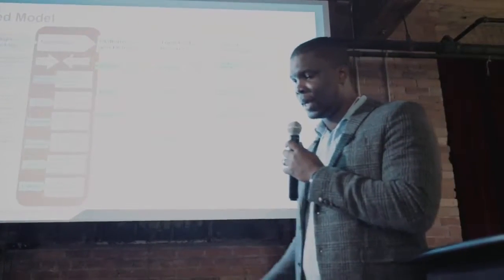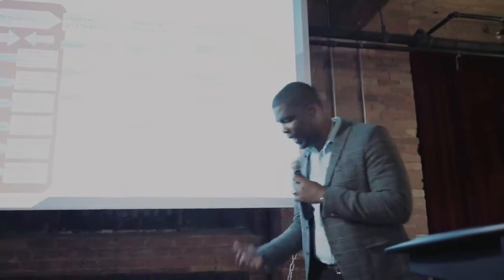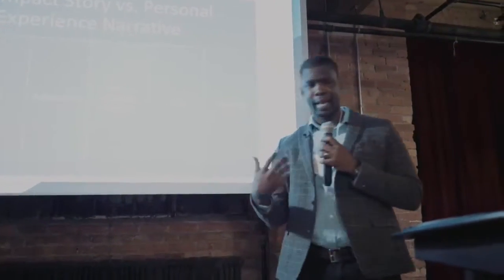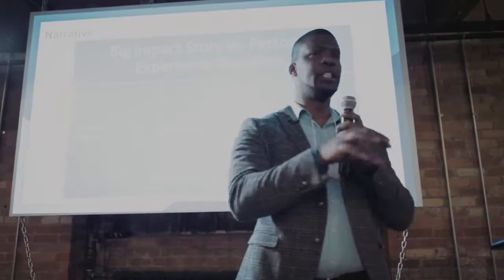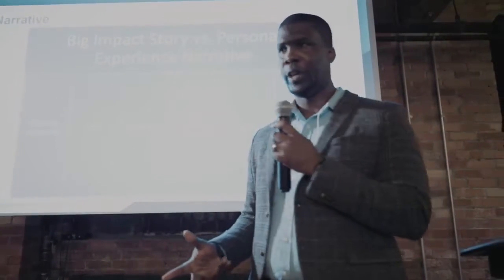The second pillar, and my favorite, I will say, is the narrative pillar. And the narrative, like I said previously, there were two types of narratives coming from each of the campaigns: the big impact story and personal experience narratives.